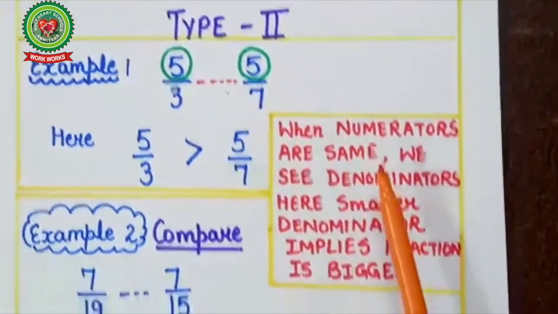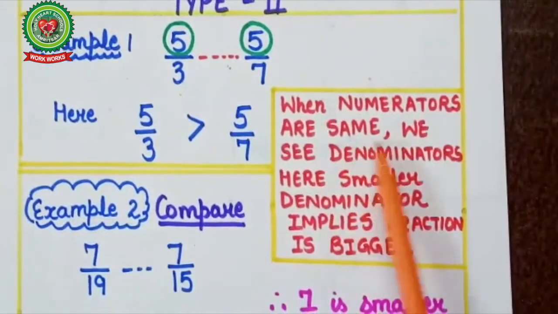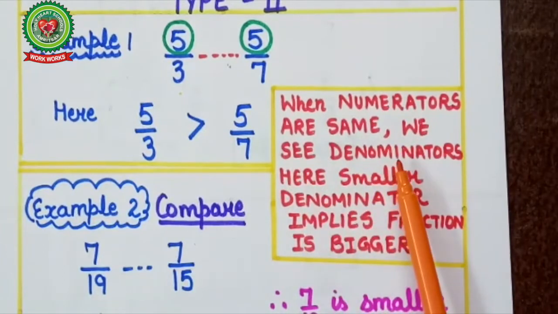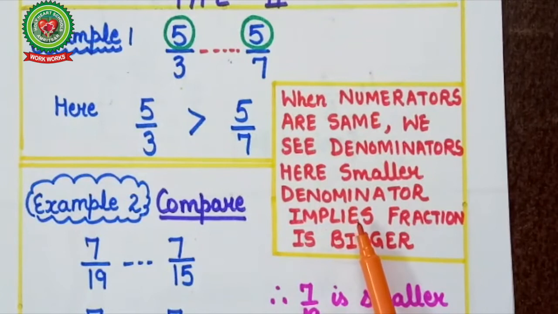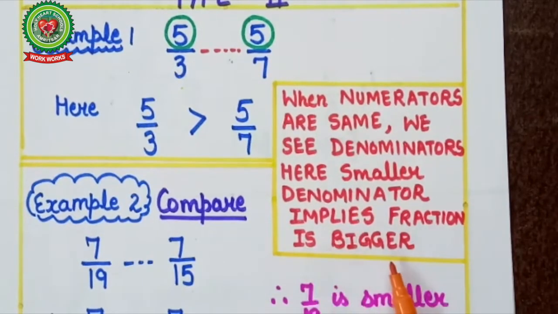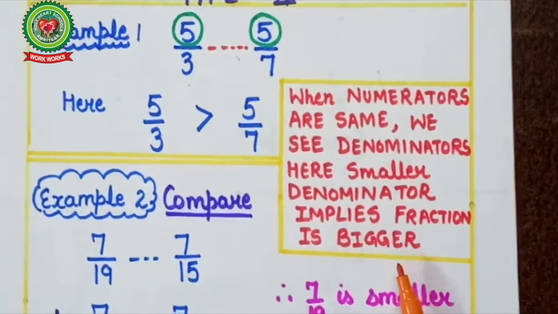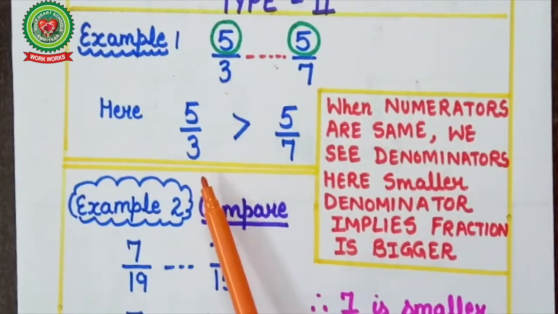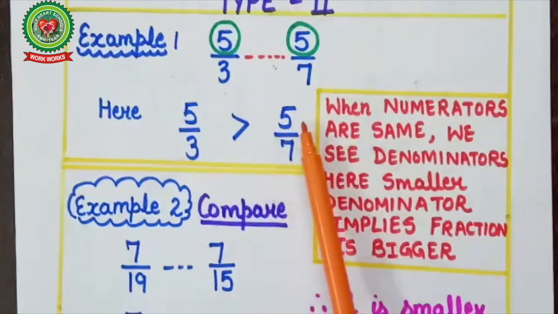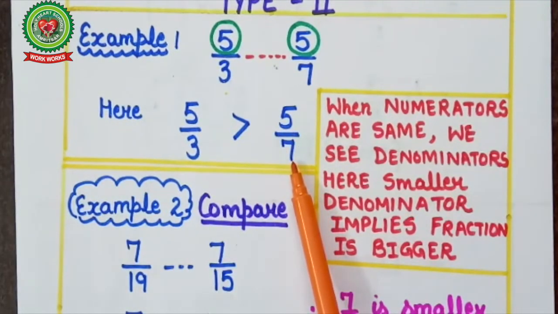So, when numerators are same, we see denominators. Here, smaller denominator implies fraction is bigger. So, here 3 is smaller. So, 5 upon 3 is greater than 5 upon 7.